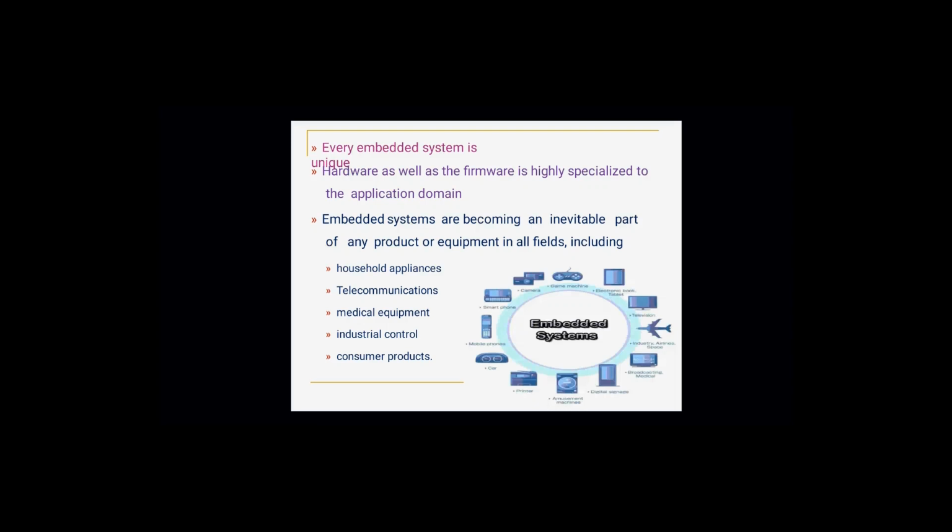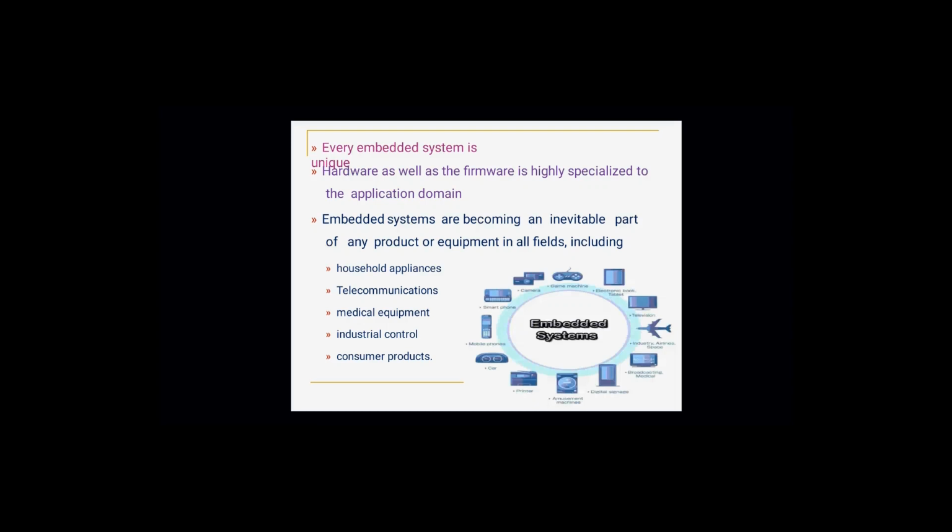Then telecommunication systems, your mobile phones, right? And medical equipment. You can find a lot of small screen devices in an ICU or hospital. Even digital blood pressure measurement systems are all embedded systems. Then industrial controls: you can control big machines automatically. They control themselves based on input data from sensors.